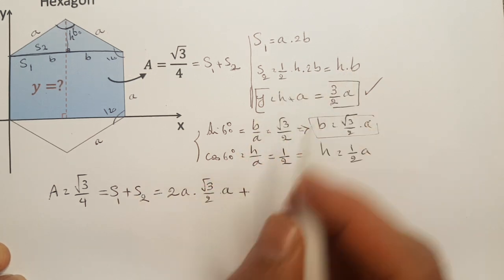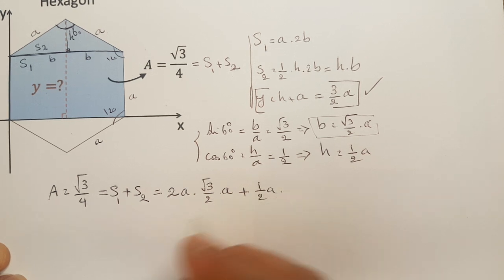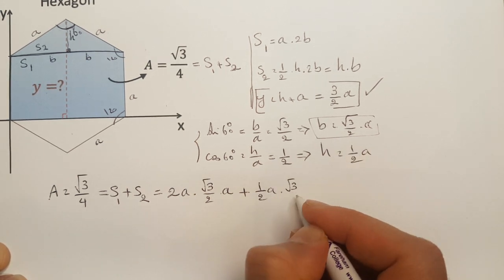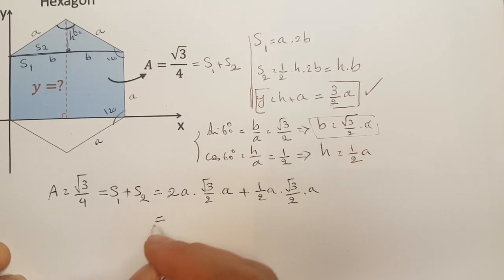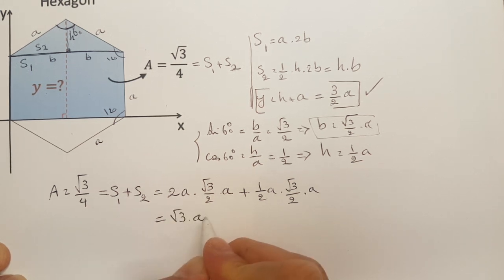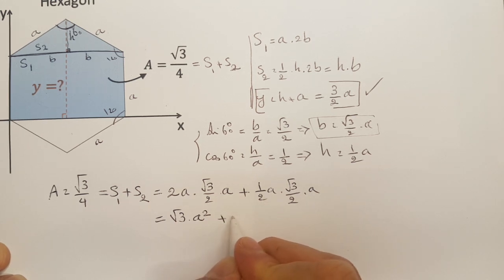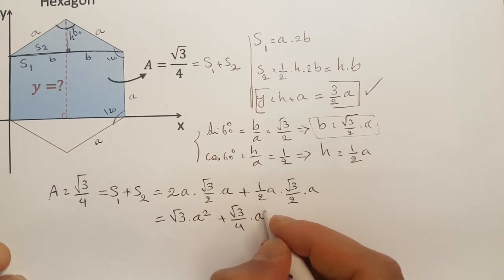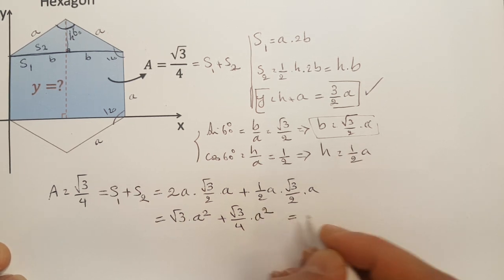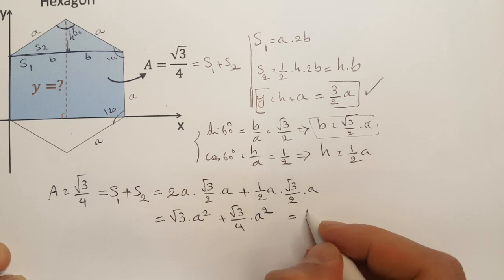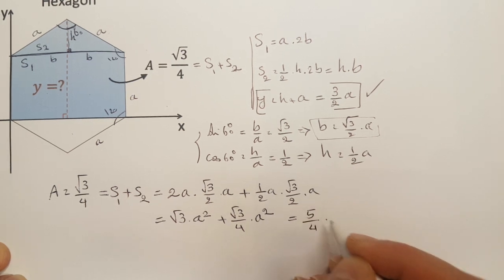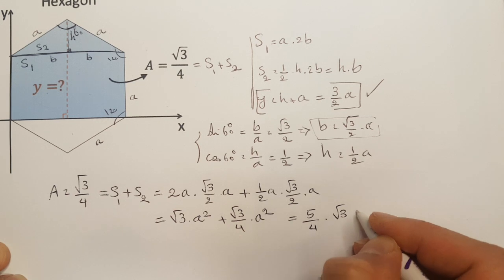S2 is h times b. h is half of a, and b is square root of 3 over 2 times a. So by simplifying this equation, we'll have square root of 3 times a squared plus square root of 3 over 4 times a squared. This will be equal to 5 over 4 times square root of 3 a squared.